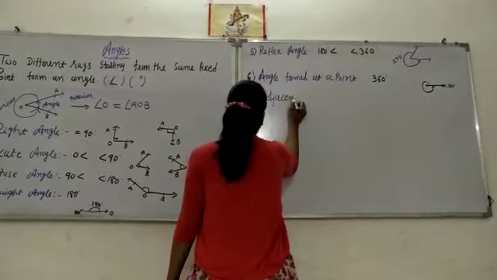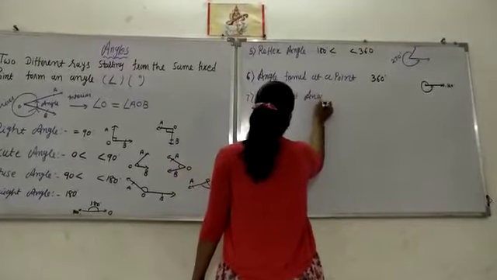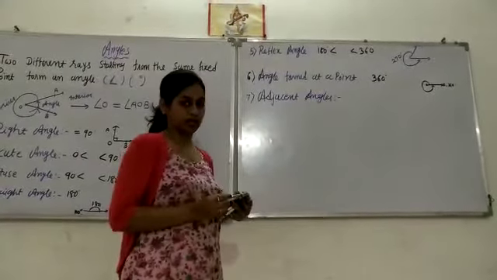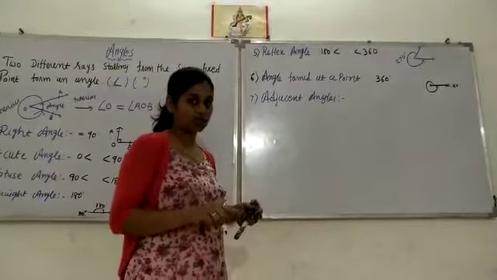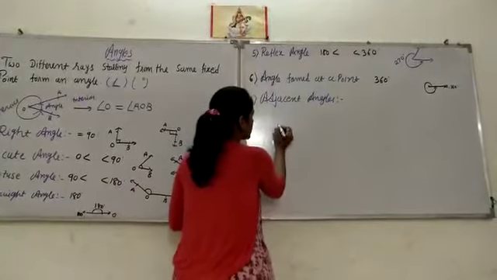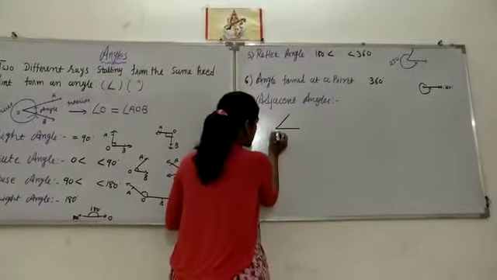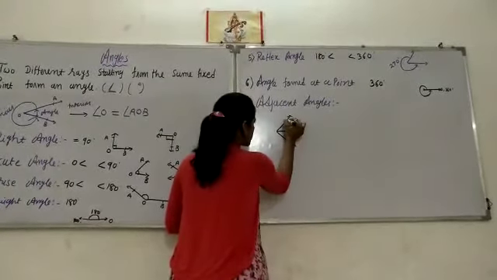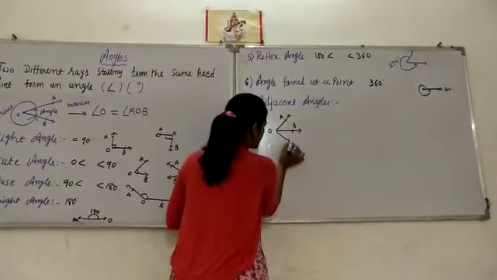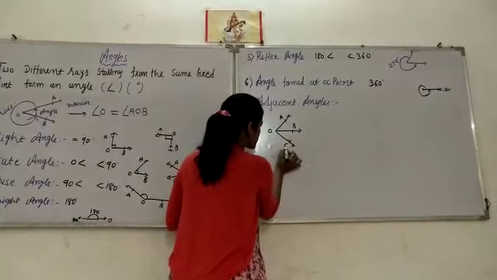Seventh is adjacent angles. Adjacent angles means those angles which have a common vertex and one common arm. I explain again. Suppose this angle is AOB and the other angle is BOC.